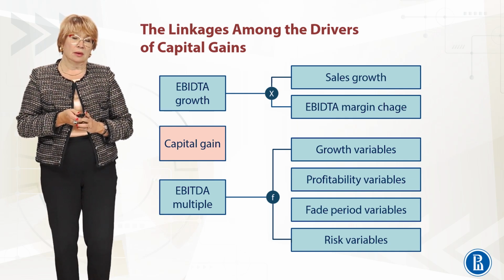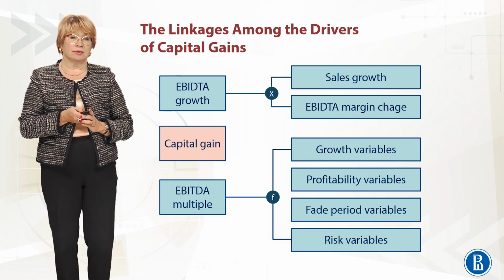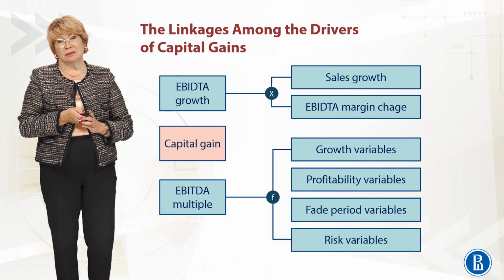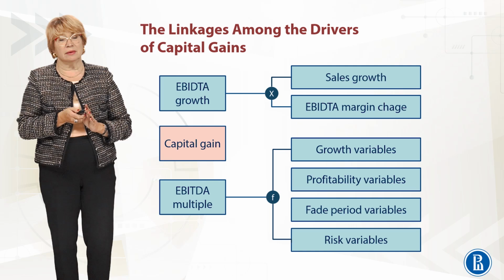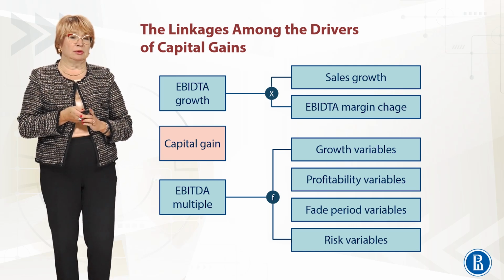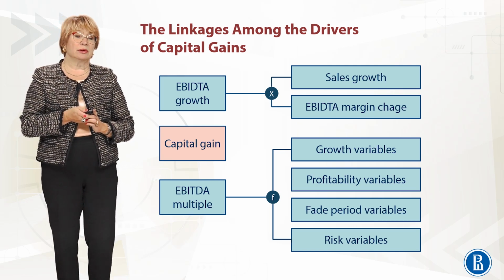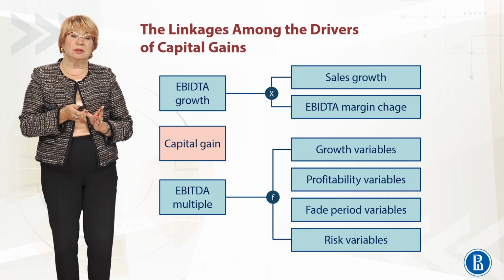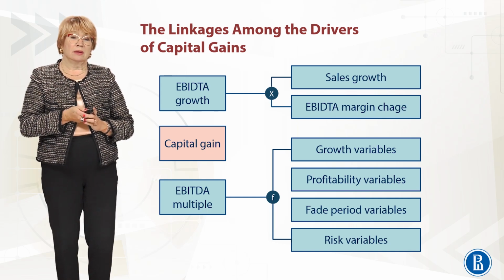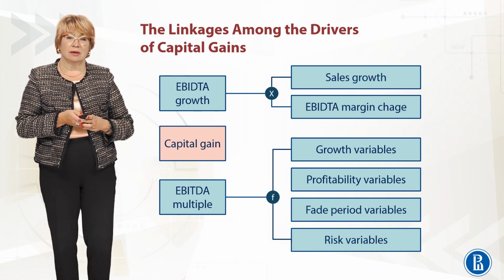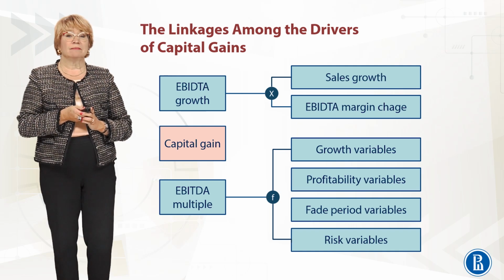And the fade period, according to BCG, means the period of stable rates of return and profitability margins of the company, and the investor can become more aware and more certain about the potential fade period when those margins will be predetermined. They will be much clearer for the investors within this fade period.